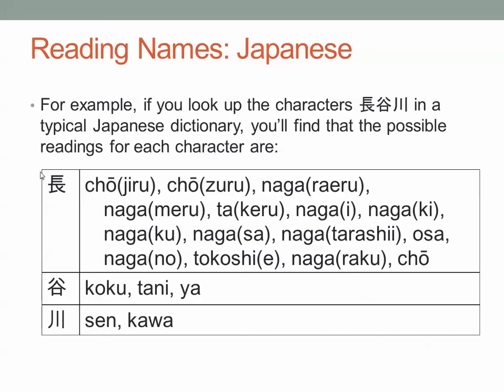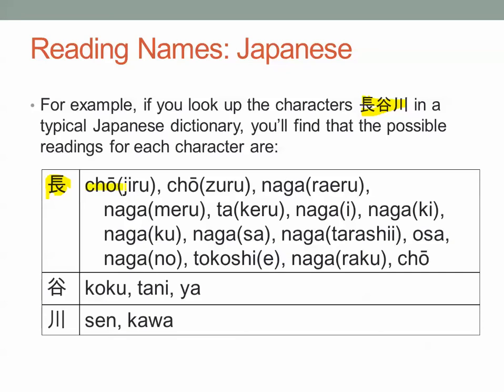If you look up those characters that we have here on the screen in a typical Japanese dictionary, say your Nelson's, you'll find that the possible readings for each character are as follows. So that first one's got a whole bunch of possible readings. You should probably know this kanji. It means long.